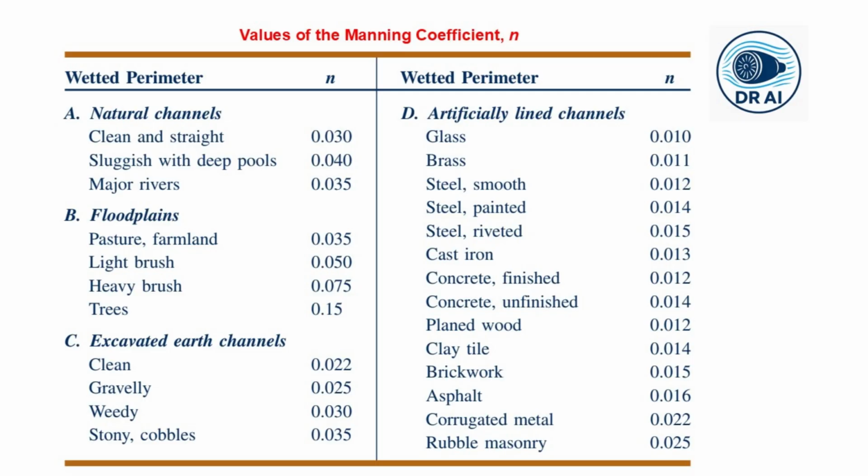And because Q, the volume flow rate, is inversely proportional to Manning's coefficient n, a 10% error in estimating n leads directly to a 10% error in your calculated flow rate. So choosing the right n value is one of the most critical steps in open channel design.